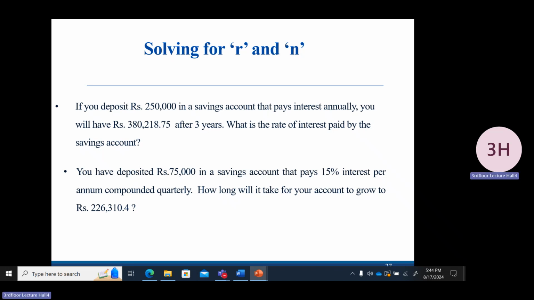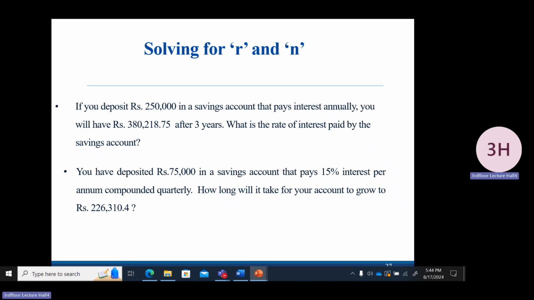Two: if you deposit 75,000 rupees in a savings account that pays 15% interest per annum, compounded quarterly, how long will it take for your account to grow to 226,310.4?